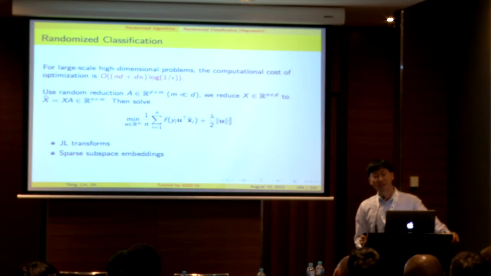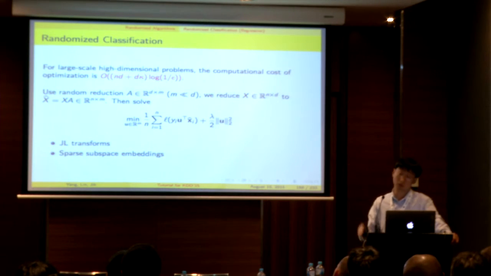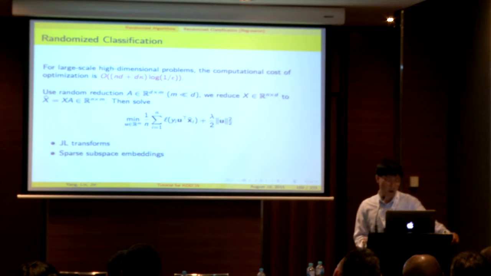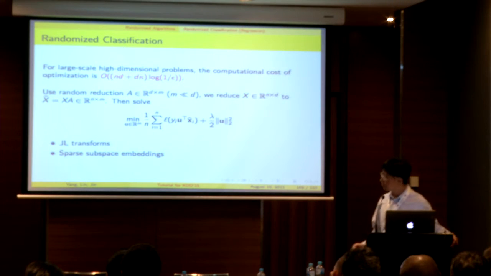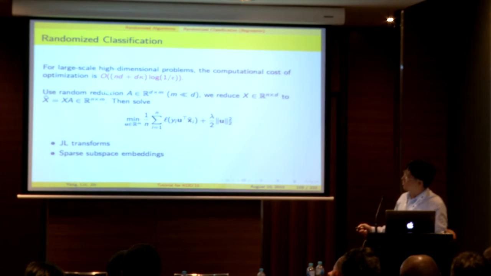The idea is actually very simple. Let's say we have high-dimensional problems. The dimension d is very, very large, and possibly the number of examples could be very large too. Here we try to reduce the dimension instead of the number of examples. Let's say A is a random reduction matrix which can reduce d-dimensional vectors to m-dimensional vectors.